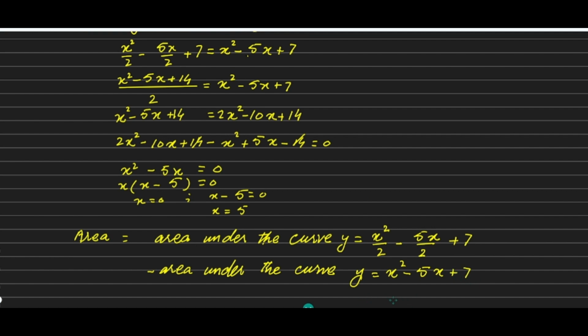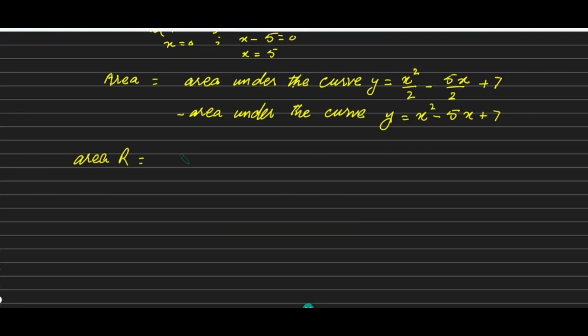So the area R will be the integral with lower limit x equals 0 and upper limit x equals 5 of x squared by 2 minus 5x by 2 plus 7, minus the integral from 0 to 5 of the second curve, x squared minus 5x plus 7, dx. This way we will integrate and find the area R.